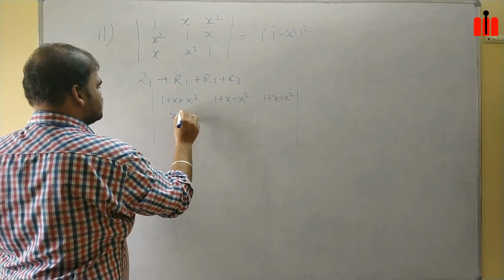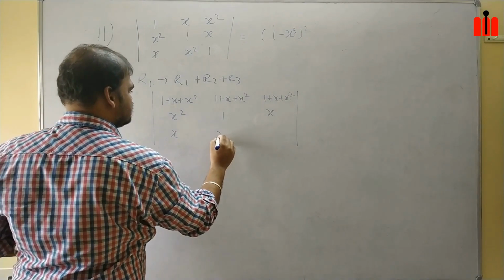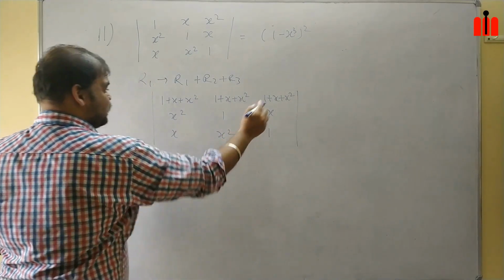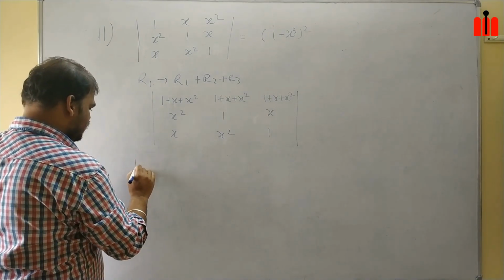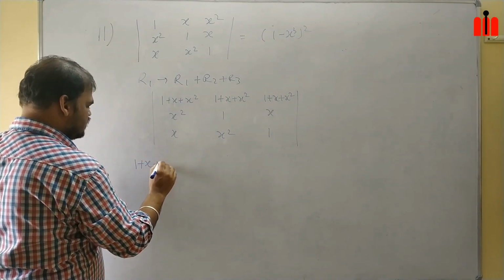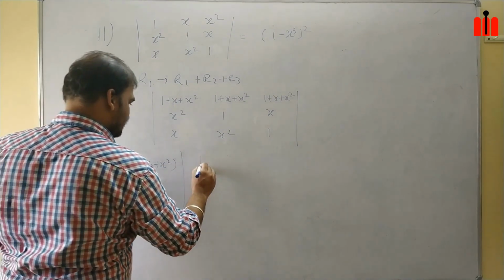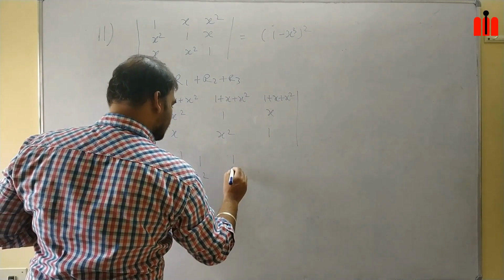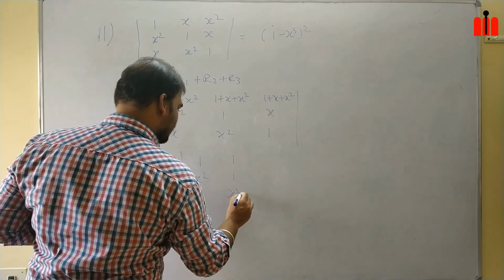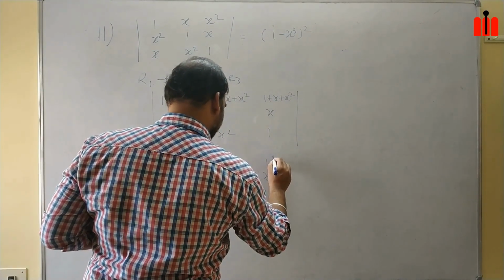Here it is x square, 1, x, x, x square, 1. Now you take 1 plus x plus x square common from R1, so it will become 1 plus x plus x square times the determinant with first row 1 1 1, then x square 1 x, and x x square 1.